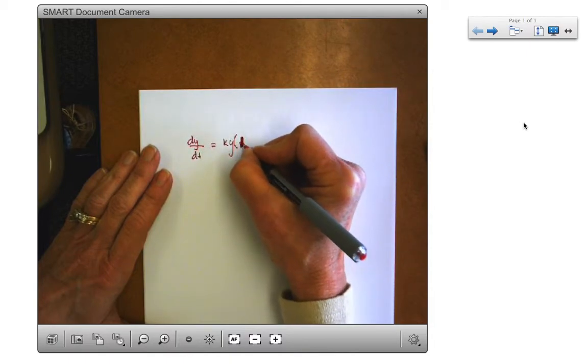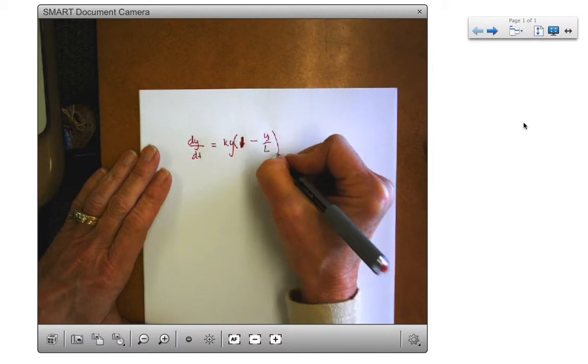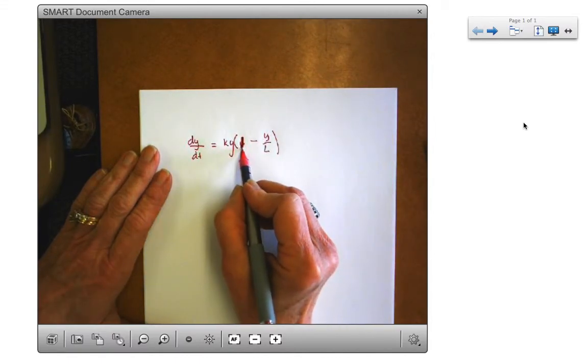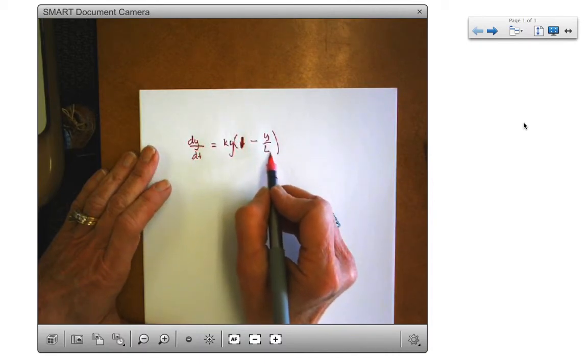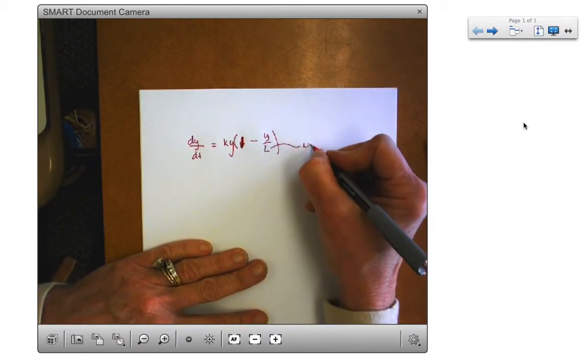So the first thing in your parentheses is a 1 minus y over, and this is going to be a value, but it's got to be in this form. It has to have a 1 there, and this has to be a y over another number. That is going to be your limiting value.